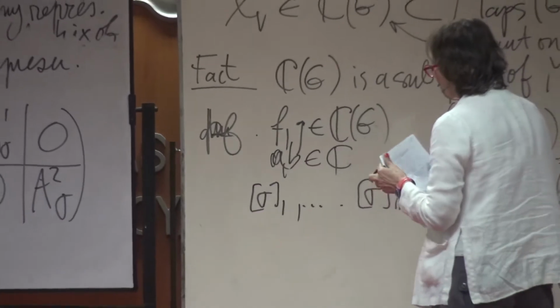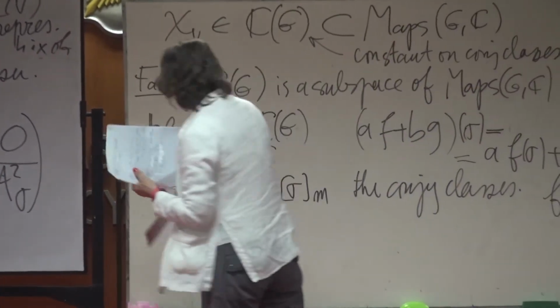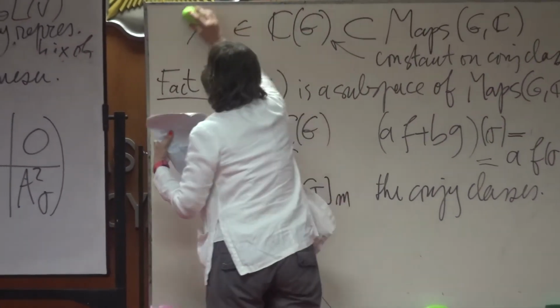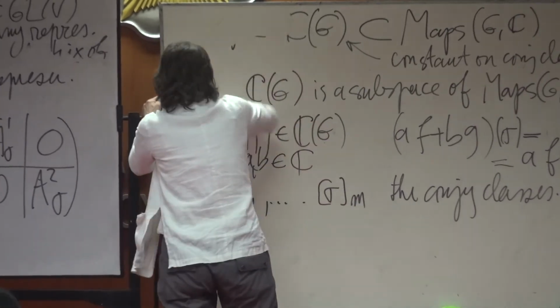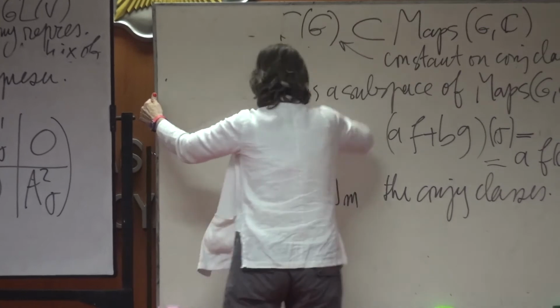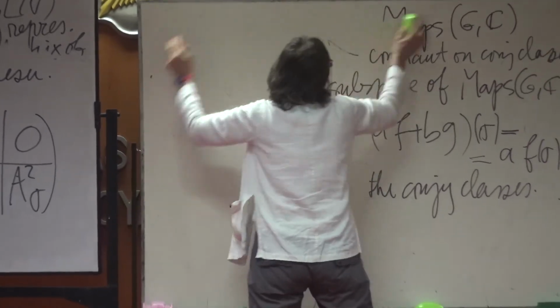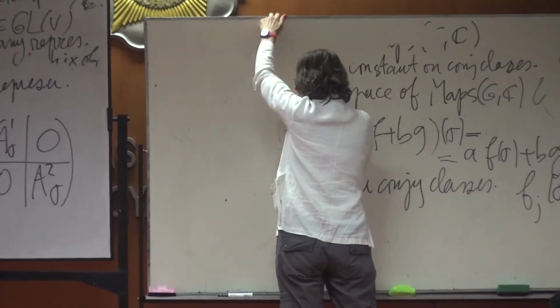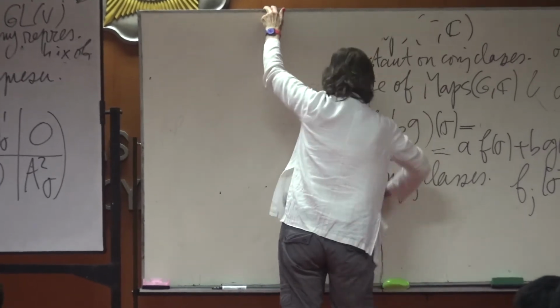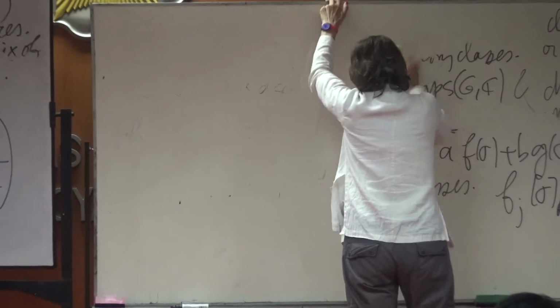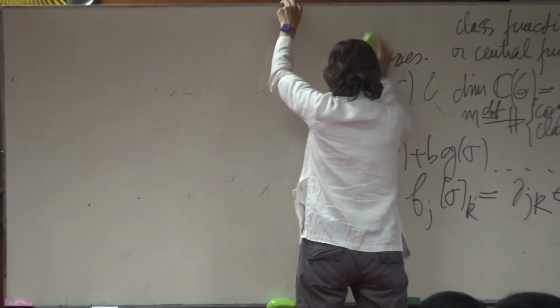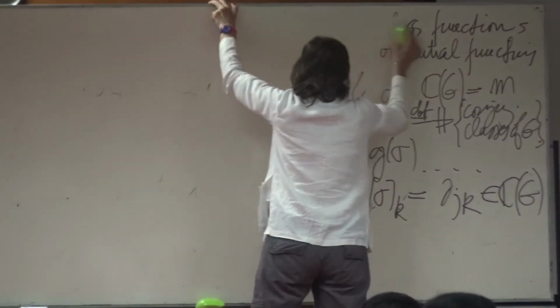Okay. And another observation we can do is that if we have the trivial representation, then the character of the trivial representation on a vector space of dimension n, what is it?